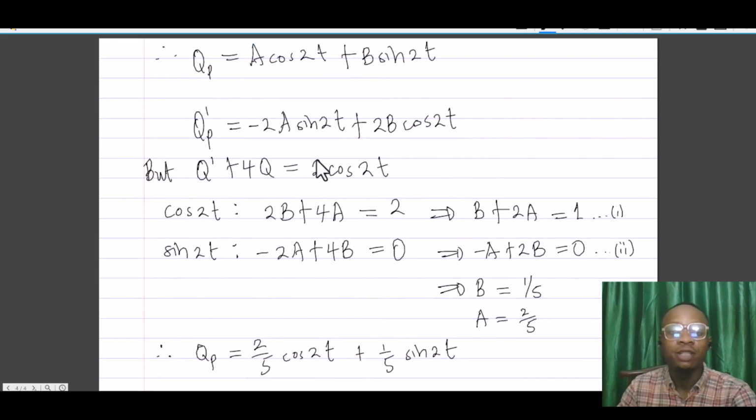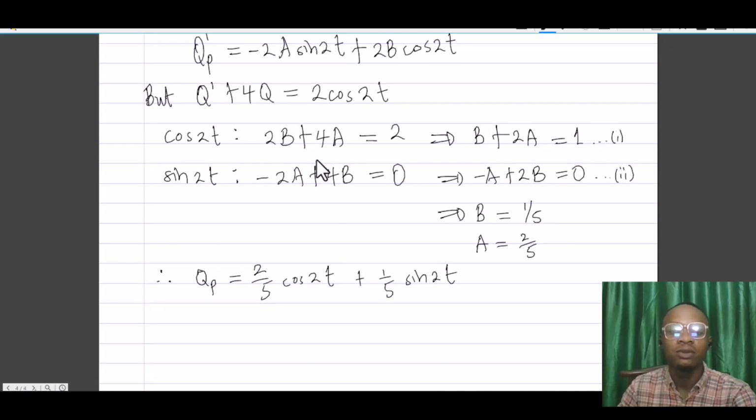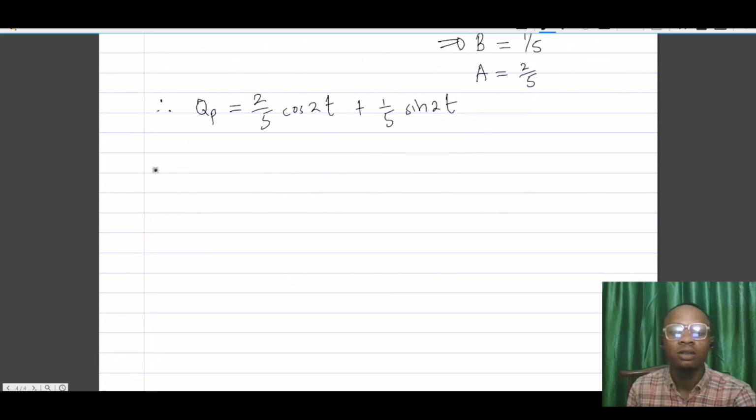And from this, we can get our final solution. Thus, the final solution or the general solution, q as a function of time, will be q complementary plus q particular.